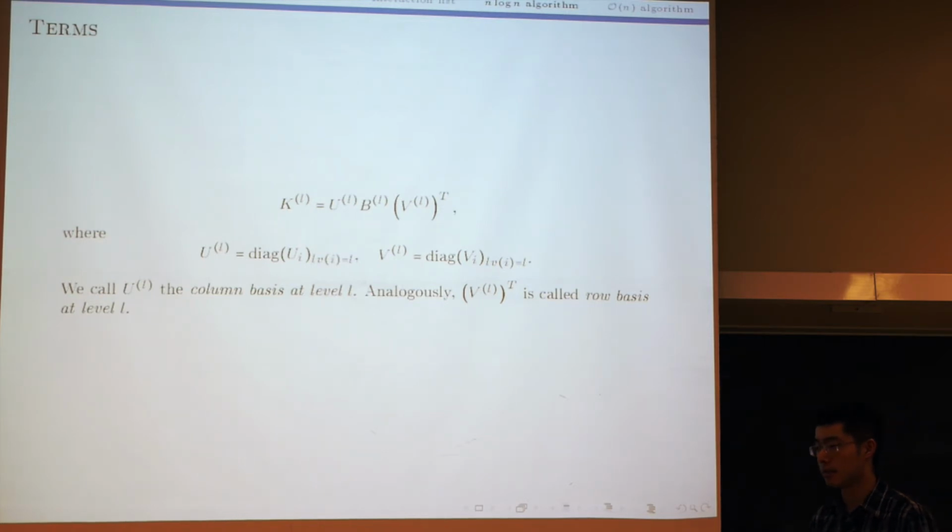Notice that in the leaf level, as I mentioned before, the number of points in each subinterval is of order R. So the matrix corresponding to the near-field interactions at leaf level is a banded matrix where the width of the band is of order R, because the number of points in each small subinterval is of order R. And to compute the matrix vector product of this banded matrix, we know that the complexity is obviously linear.